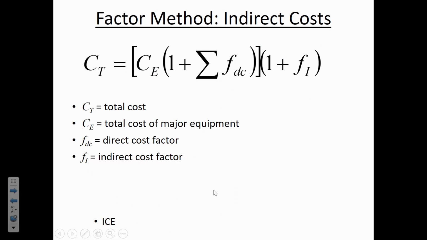And so the direct costs are the things that are specifically related to the size of the item that's being put into place and have to be included or delivered in order to put it into service. But remember, from the discussion of indirect costs, that indirect costs are things where it's difficult to say exactly how much of that thing is needed for a certain size piece of equipment or service.